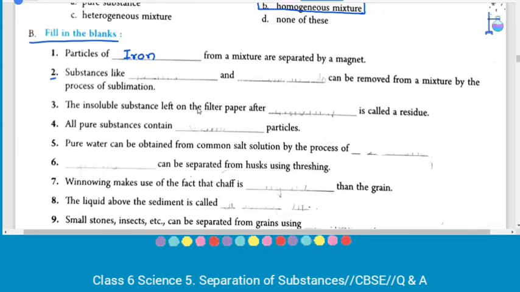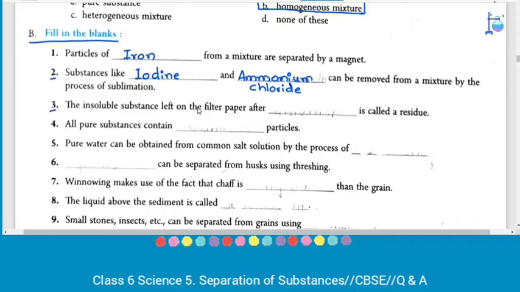Substances like iodine and ammonium chloride can be removed from a mixture by the process of sublimation.